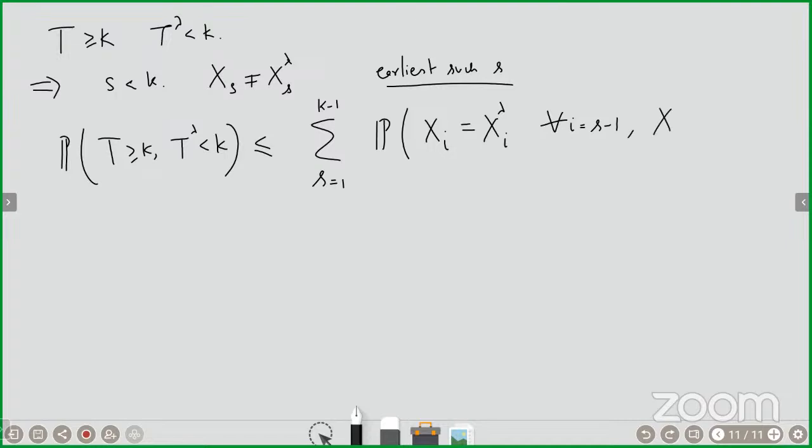And this implies this. That's pretty much obvious. Okay, now what can I do to simplify further?